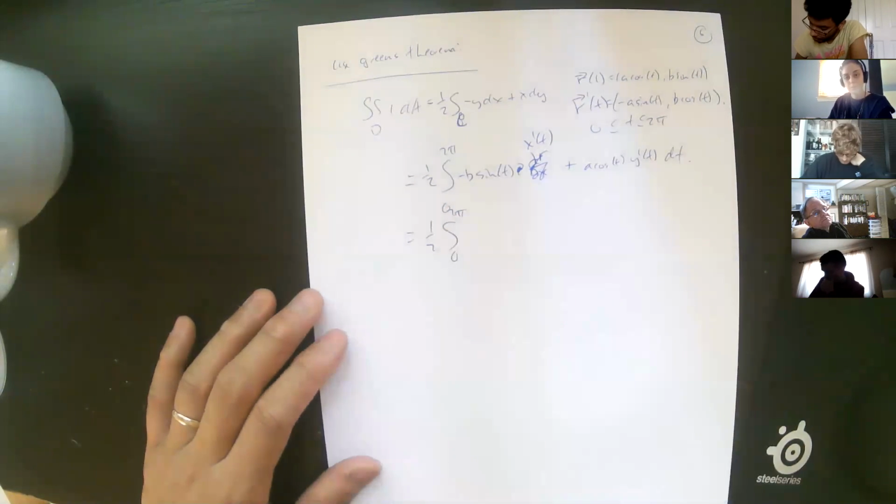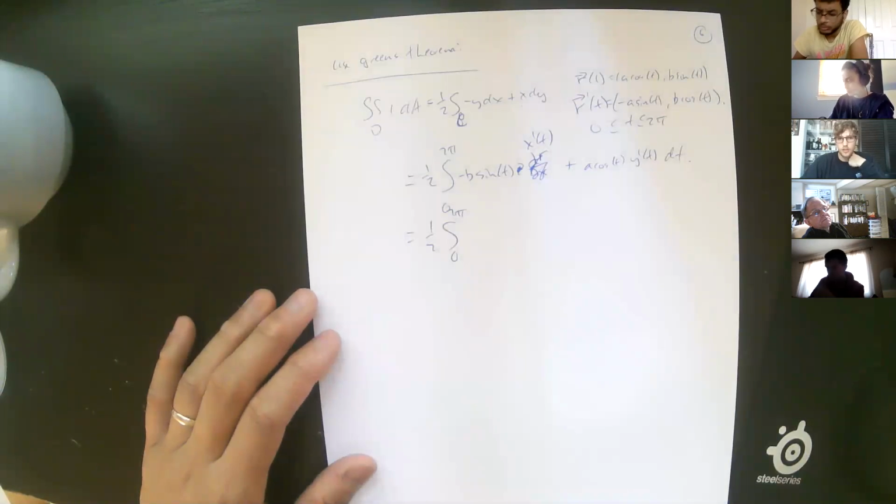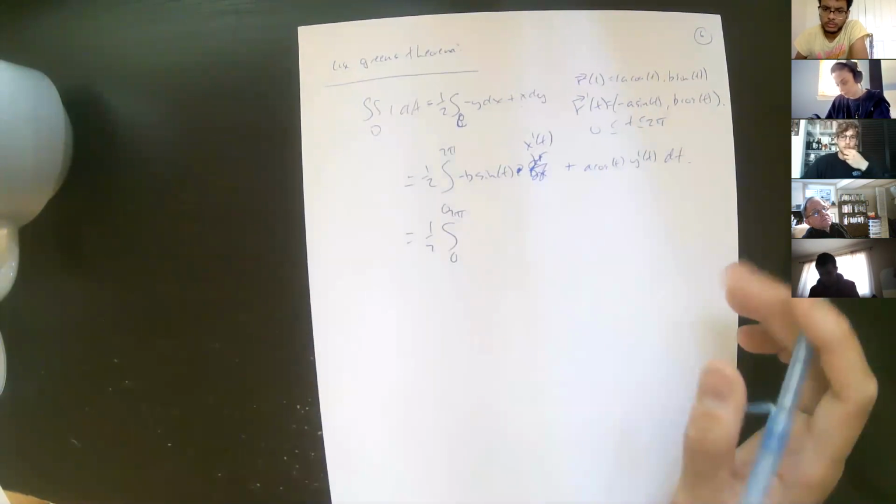Is x prime of t the dx portion? Yep. And y prime of t is the dy portion? Yeah, because this is x and this is y. Gotcha.